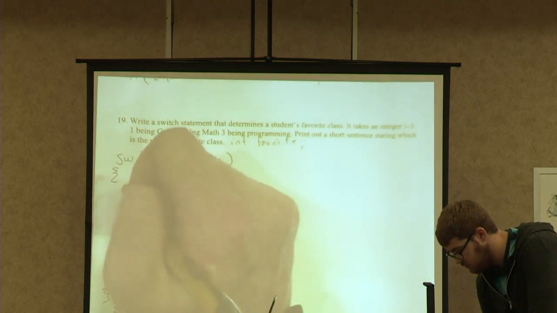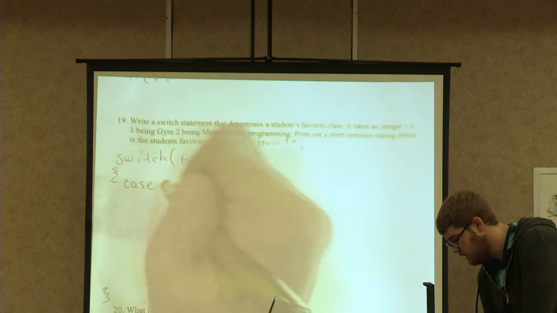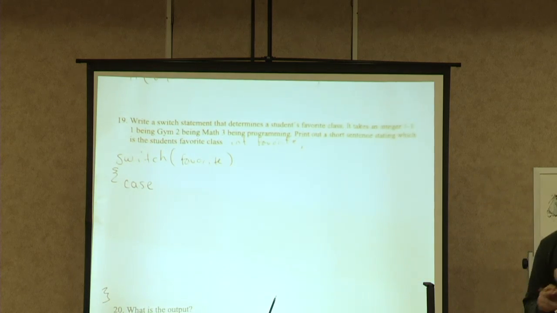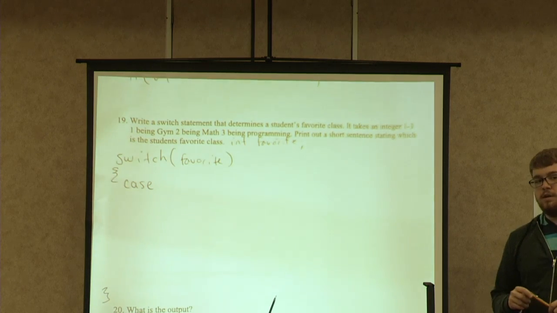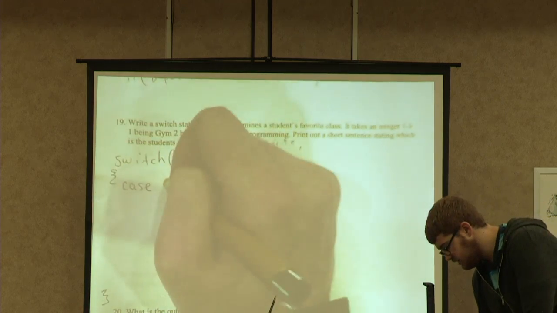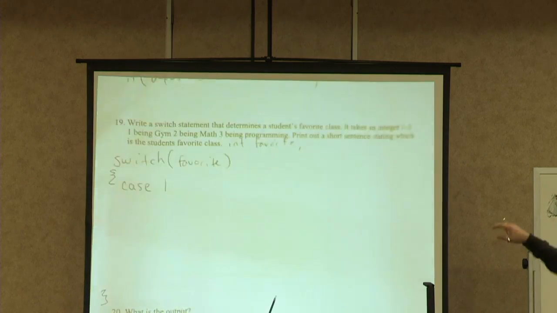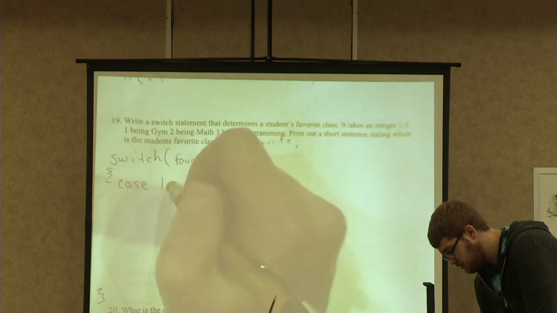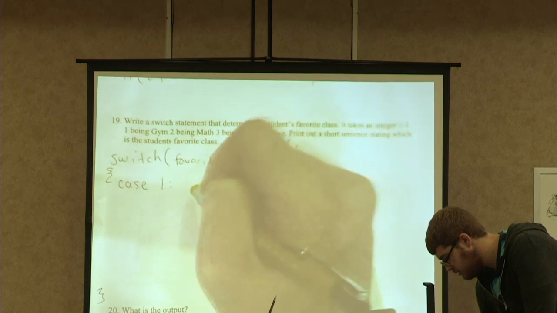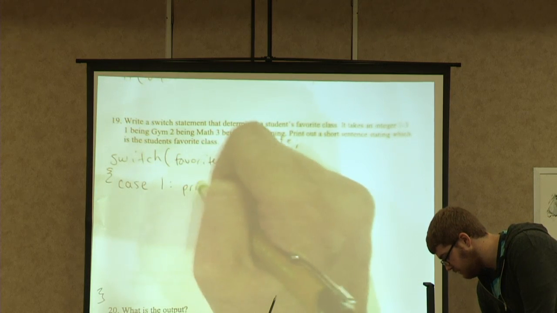So then, case. And then these are for numbers, 1, 2, 3. What would you put after the case? Yeah, it would be 1. Gym was just me making up a story behind it. So then 1, colon, then we got printf.